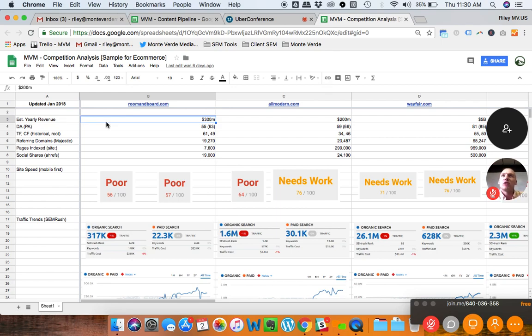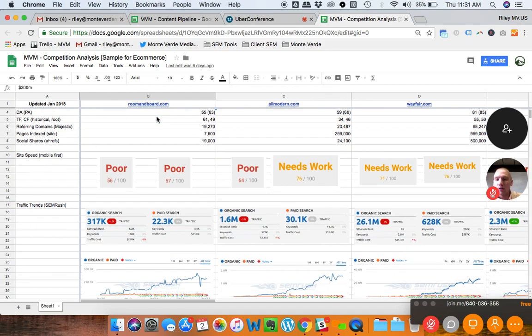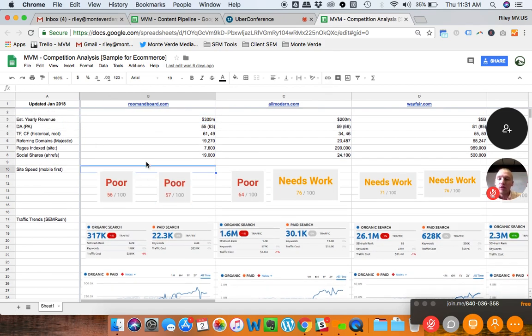So when we start working with new clients, we try and do a full site audit. Competition analysis is one thing that we include in that. If people are hesitant about moving forward with a site audit, we'll often start them off with a competition analysis. What this allows us to do is see, if we're working with Room and Board and we do a site speed analysis and we see this, we're going to say, oh, we need to put a bunch of time and effort into making the site faster.